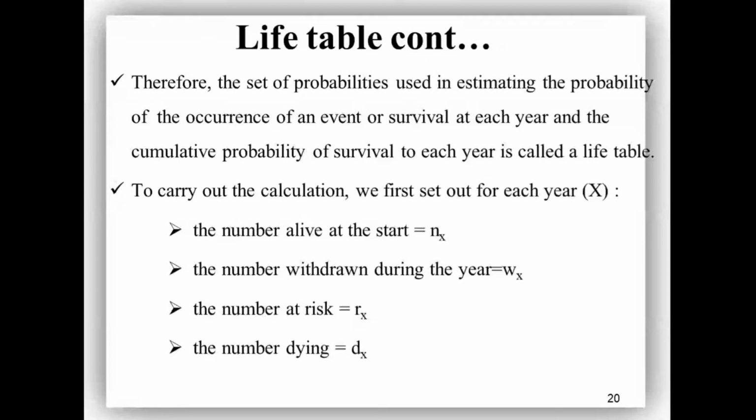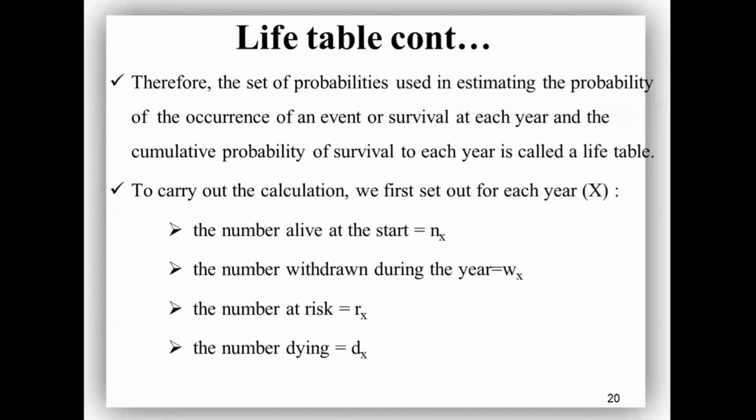The set of probabilities used in estimating the probability of the occurrence of an event or survival at each year, and the cumulative probability of survival to each year, is called the life table. That means it just tells you the probability of surviving any time t.